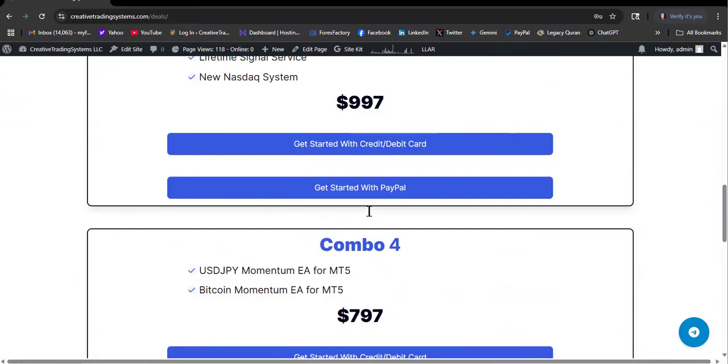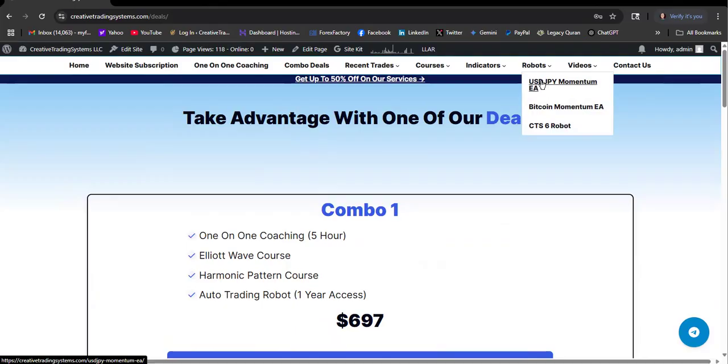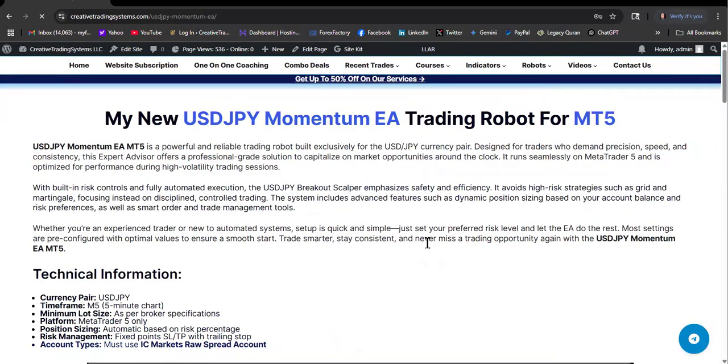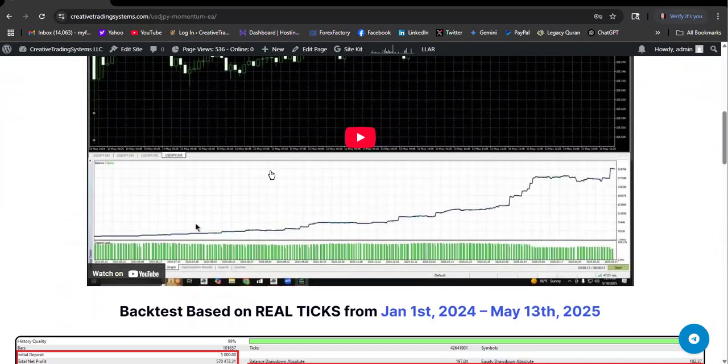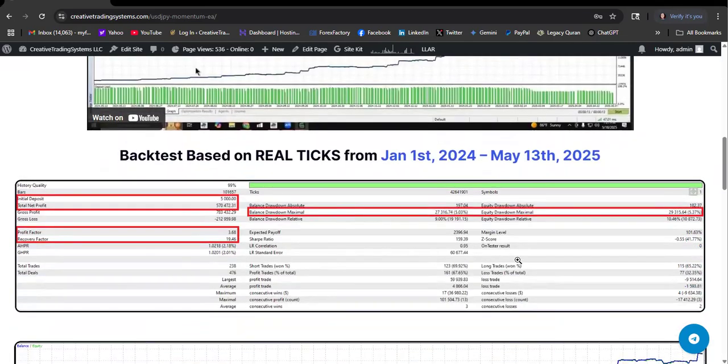Let me show you this USD Yen, which is open for almost a month, forward testing. This is the page you can read, and this is all back testing. You can see the graph here and the numbers, back testing again.